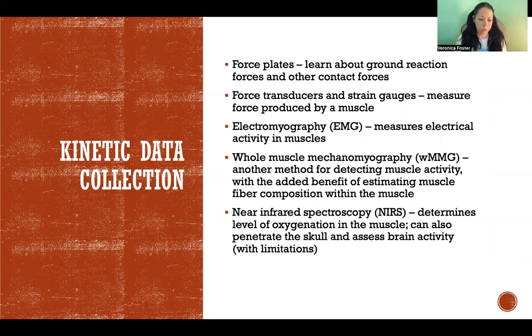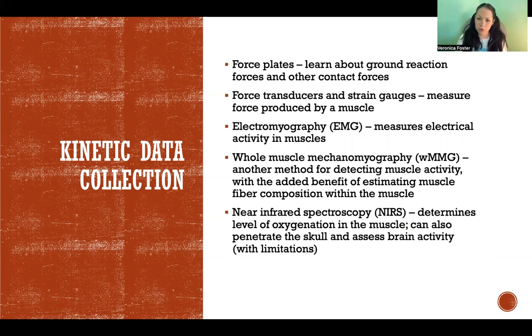And then the participant or the person who's being analyzed would walk on those force plates or the treadmill, or maybe you're analyzing squat form or whatever it might be. And so they would do a squat on the force plates. So you can learn a lot about weight distribution and ground reaction forces and things that way.